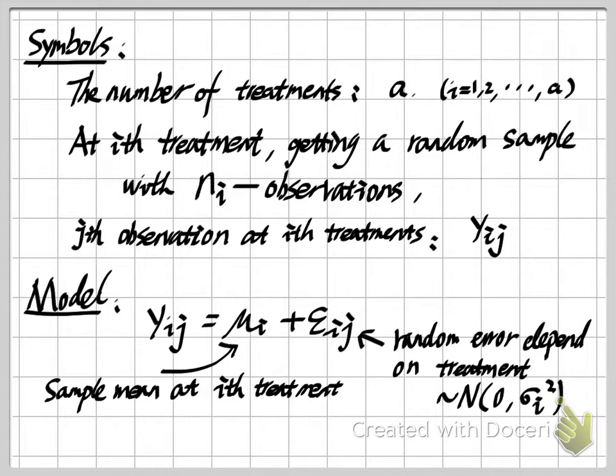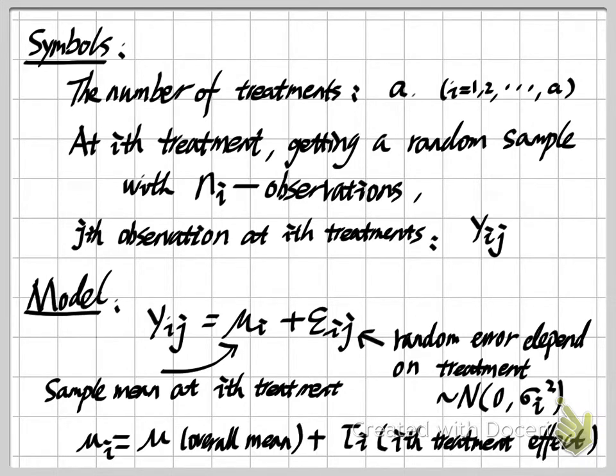So this one is independent of the low, medium or high amounts we use. So for this one, we denote it by mu. So that means for our mu i, we will have an equation: the overall mean mu plus tau sub i, which is in fact the effect of the ith treatment. So this is an equation about our sample mean here.